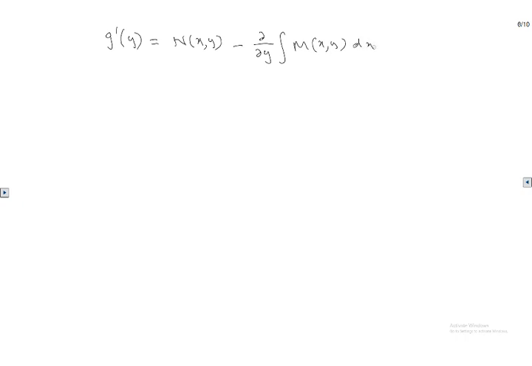Since you know both functions, you get an expression. So now your goal is to solve for g(y) by integrating with respect to y. Once you do that, you're going to get the g(y) function.